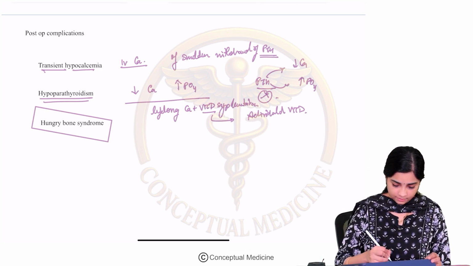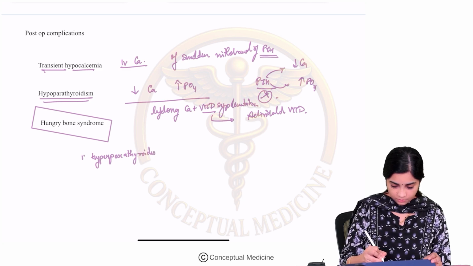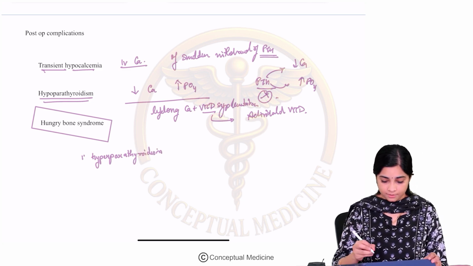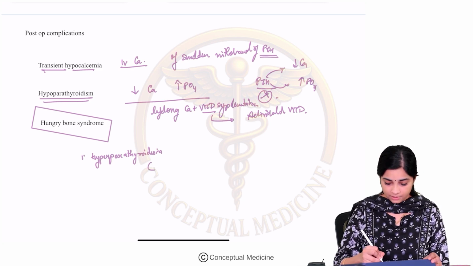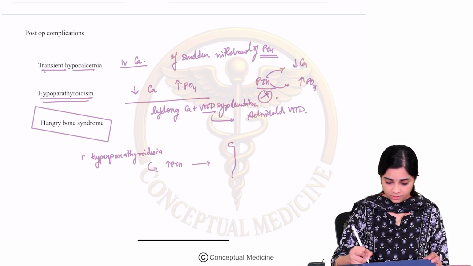Let us understand this. Now, you have primary hyperparathyroidism. So what is the problem here? There is increased PTH. This increased PTH acts on the bone and causes demineralization, so all the calcium is coming out of the bone.